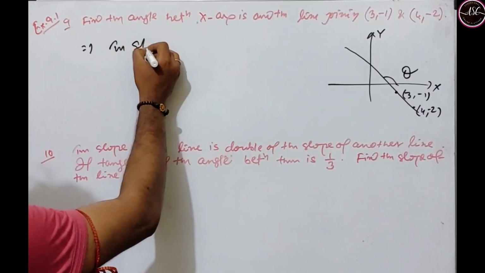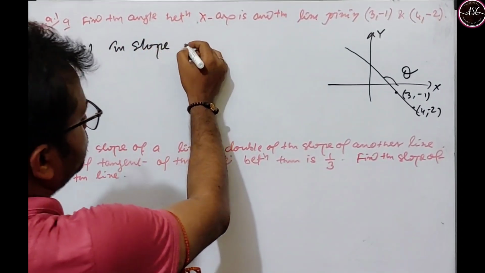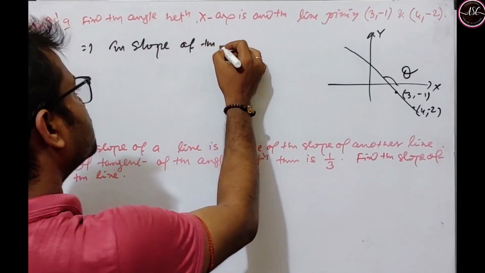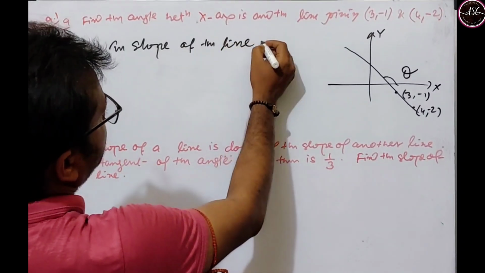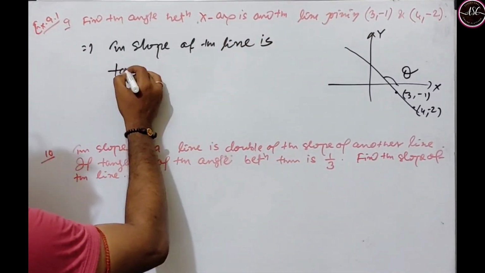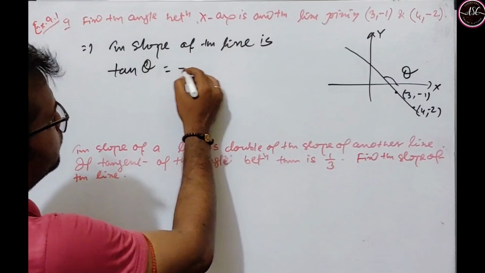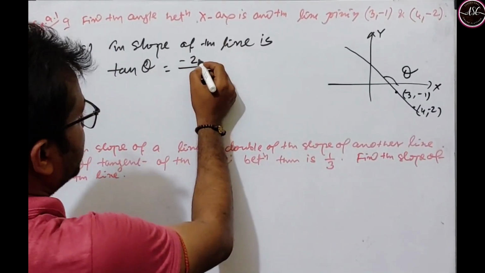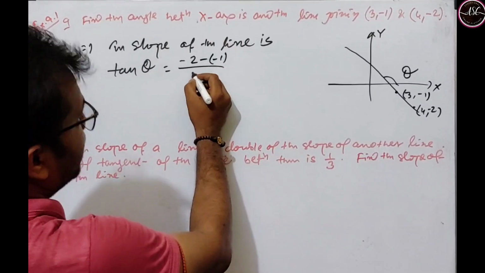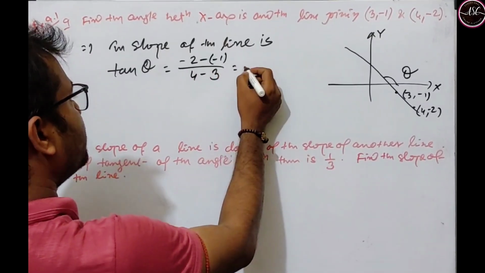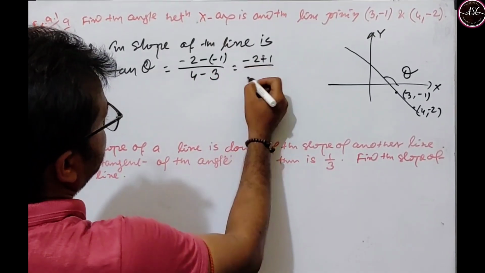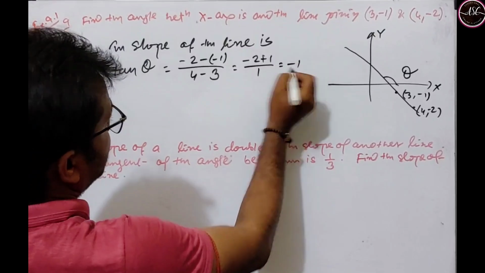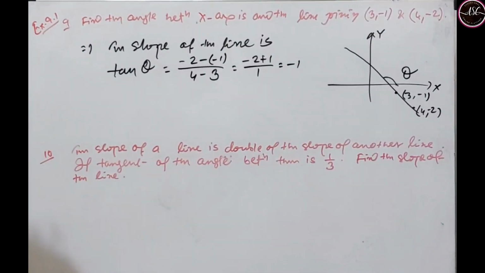The slope of the line is tan theta, using the formula y2 minus y1 divided by x2 minus x1, that means -2 plus 1 divided by 1, that means -1.